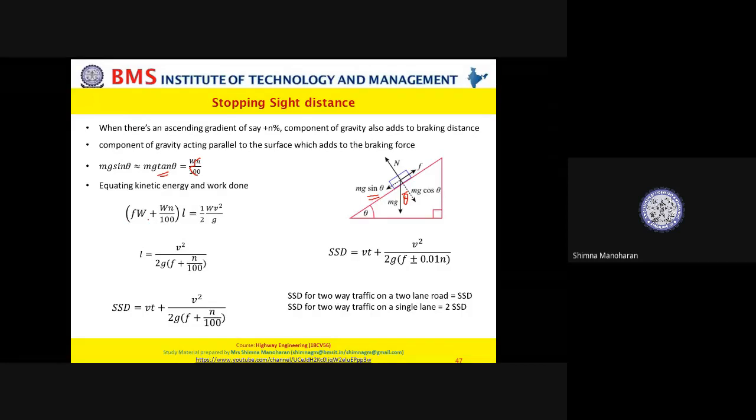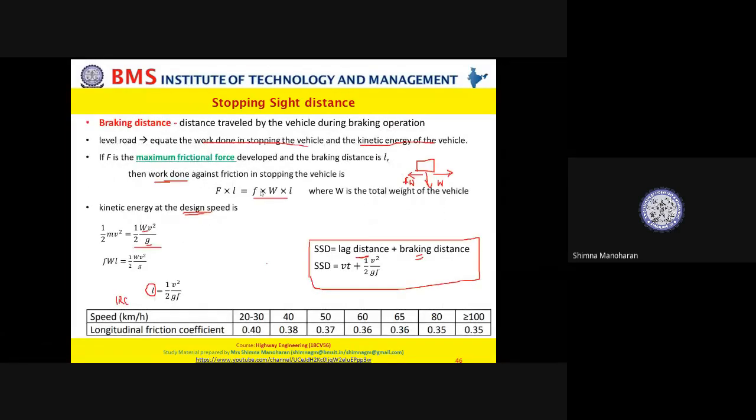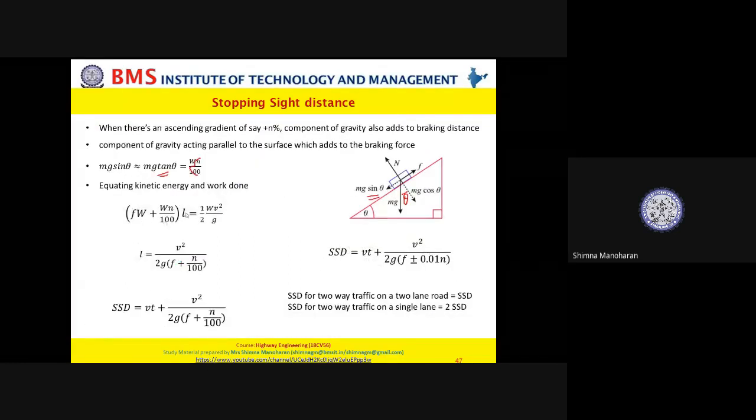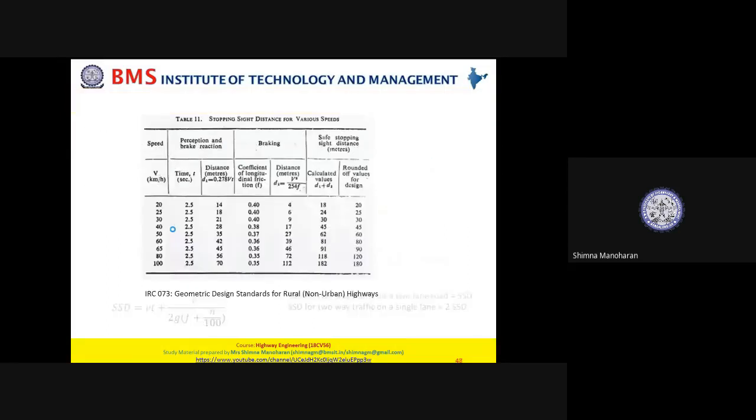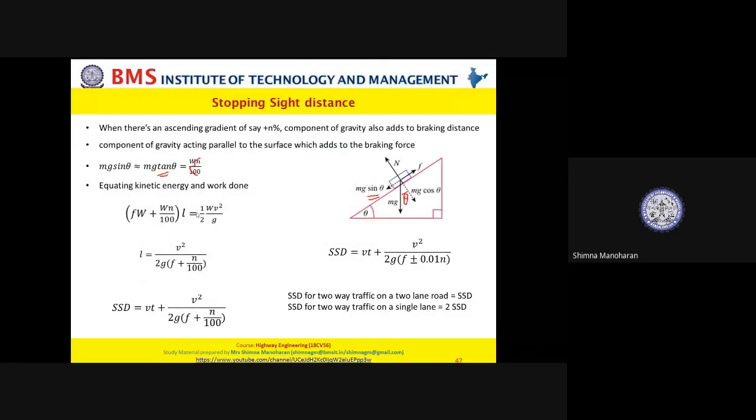So this is the component of gravity that will be coming along with the braking force. So you have F W plus W n by 100 into L. F W we have seen how we got. So here we have F W into L plus W n by 100, which is equivalent to the kinetic energy.